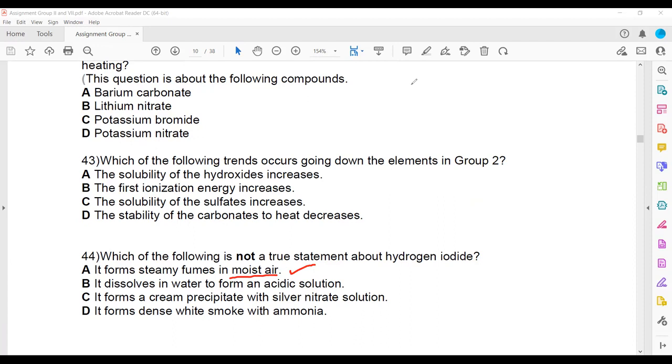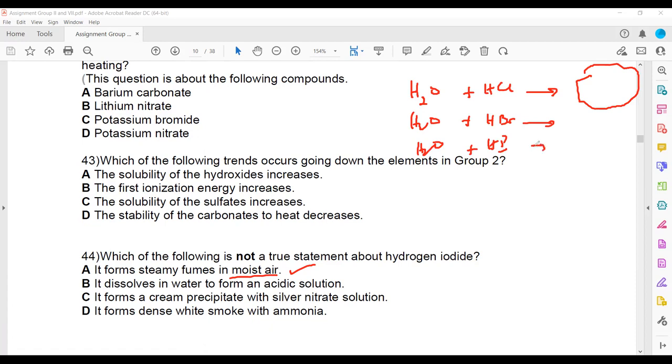Because when these hydrogen halides mix with water, it will form a dense smoke. Example, if H2O is there, it combined with HCl, it will form a dense smoke. Same thing, if water vapors combine with HBr, it will form a dense smoke. Water vapors combined with hydrogen iodide gas, all will be dense smoke. Like steamy fumes will be there.